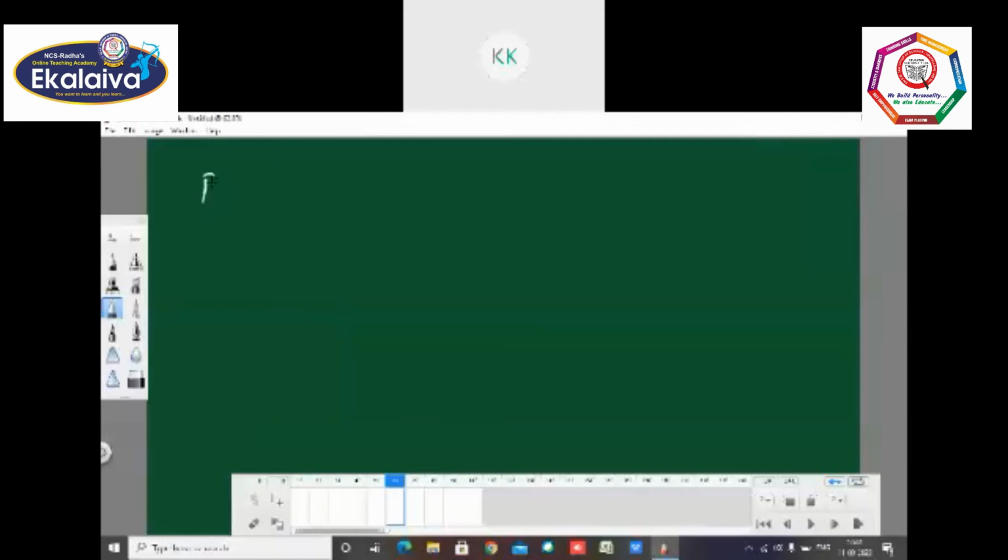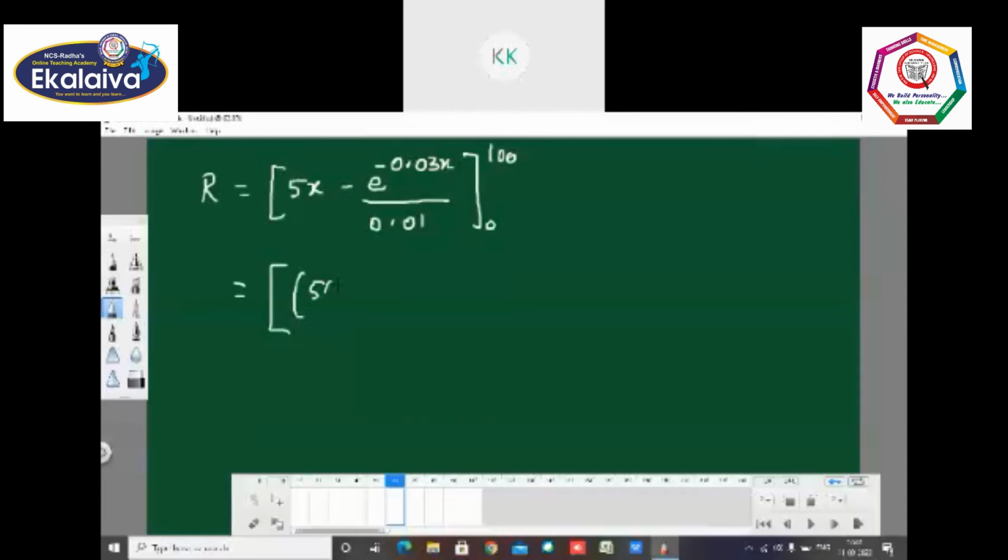So what is the value for this? Revenue R equal to 5x minus 3e power minus 0.03x by 0.03. The limit is 0 to 100.